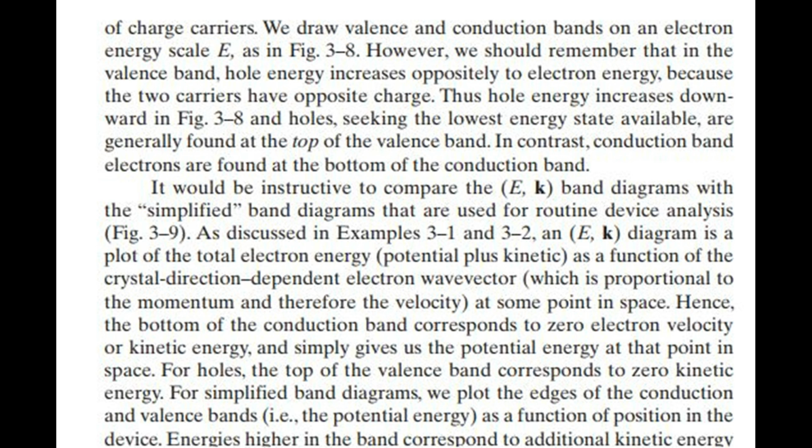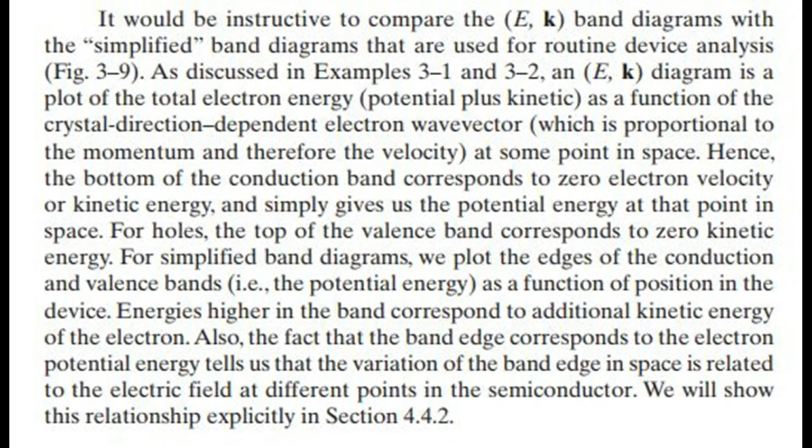It would be instructive to compare the E, K band diagrams with the simplified band diagrams that are used for routine device analysis, Fig 3.9. As discussed in examples 3.1 and 3.2, an E, K diagram is a plot of the total electron energy, potential plus kinetic, as a function of the crystal direction-dependent electron wave vector, which is proportional to the momentum and therefore the velocity, at some point in space.